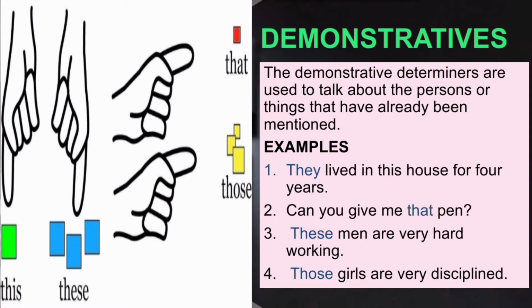Can you give me that pen? These men are very hard working. Those girls are very disciplined. This and these are used to point out objects or persons that are near. That and those are used for objects and persons that are further or at a far distance from us.